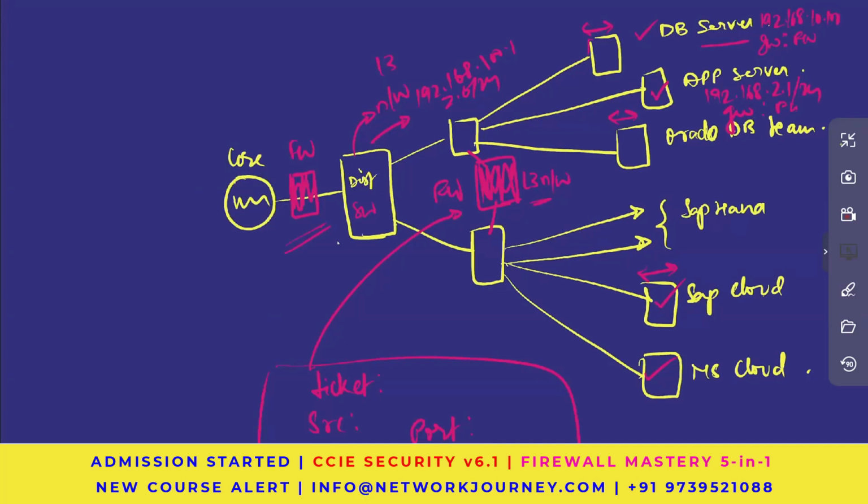So this is where people can plug in another firewall to control that unnecessary noise, by giving all the gateways to the firewall and creating those L3 networks inside the firewall for such servers. Okay, so this is where you can keep it.